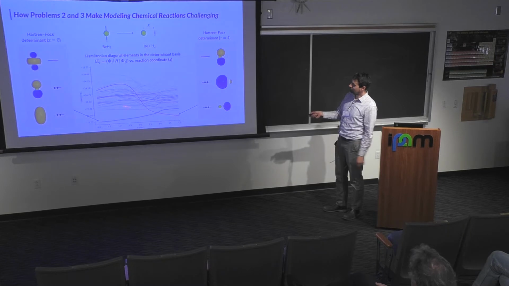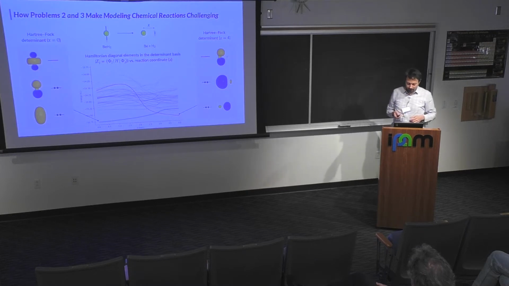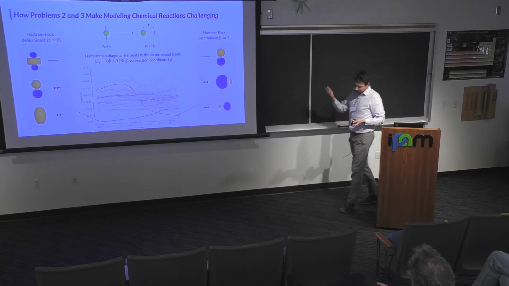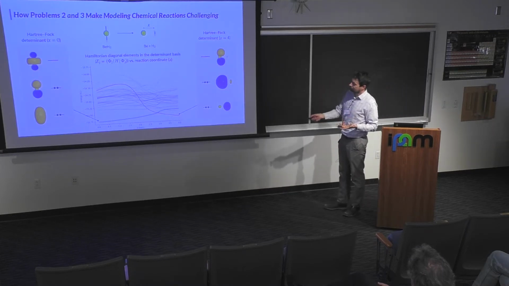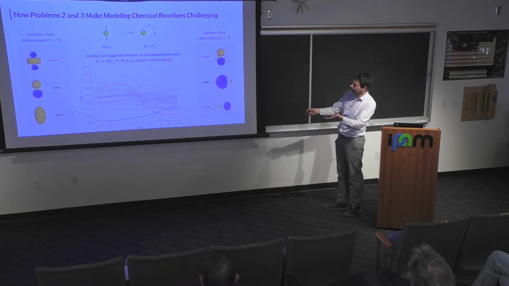Well, of course, then this state is going to cross other states, and that leads to a cascade of crossings. And so that's not physical, because, for example, if we are here and we're describing the ground state, it is going to be mostly this determinant, and this second determinant is not going to matter.